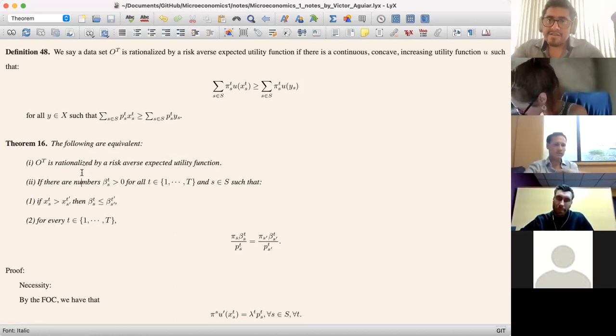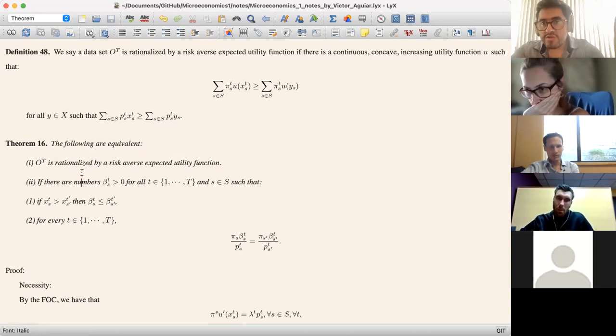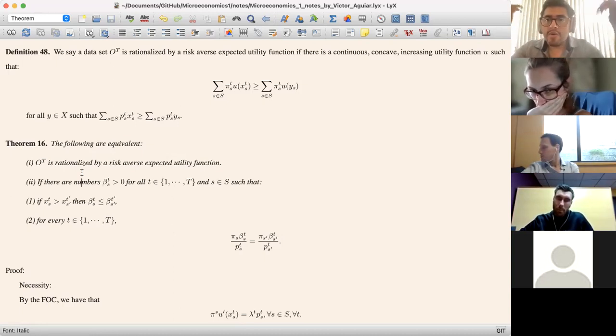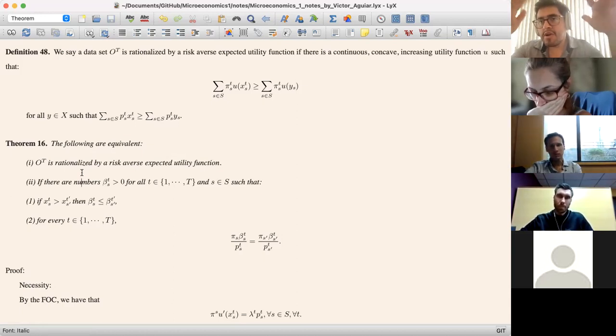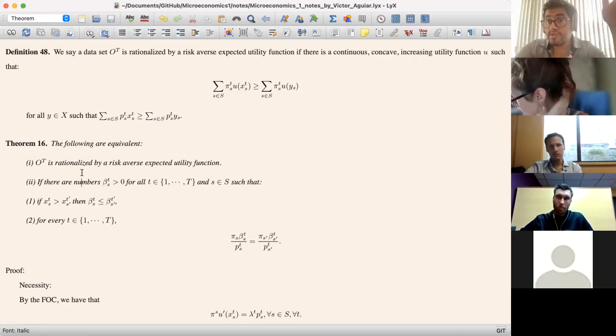So it might still be the case that there are some expected utility agents that are risk lovers, which is an issue. But of course, in general, we know that risk loving is not very common in the kind of situations we're going to study.